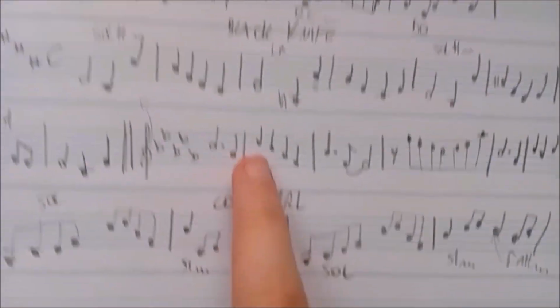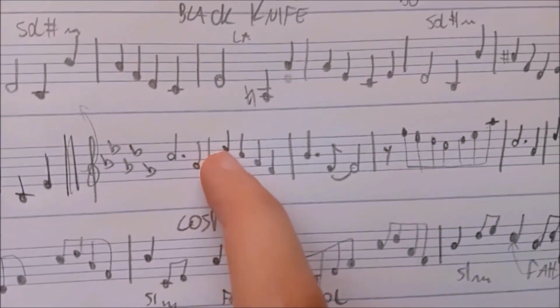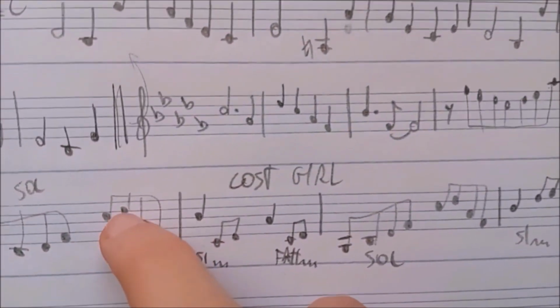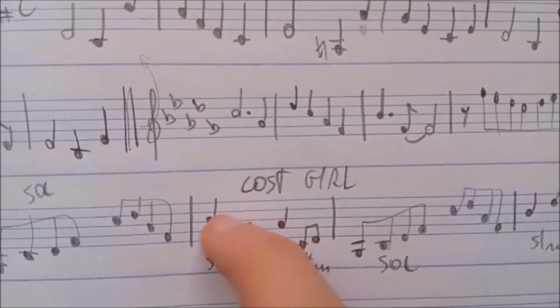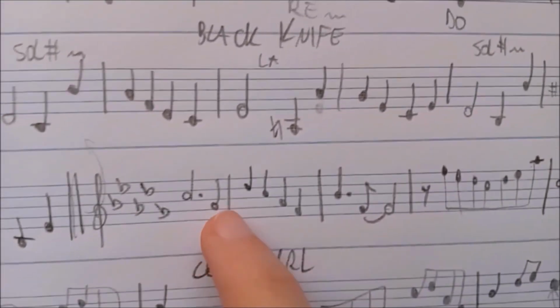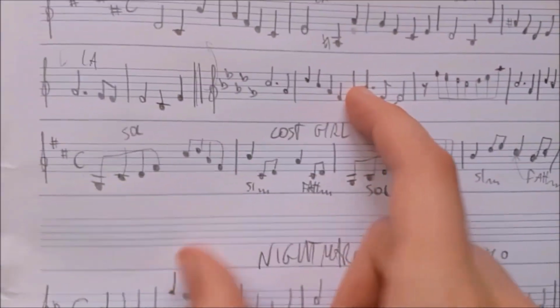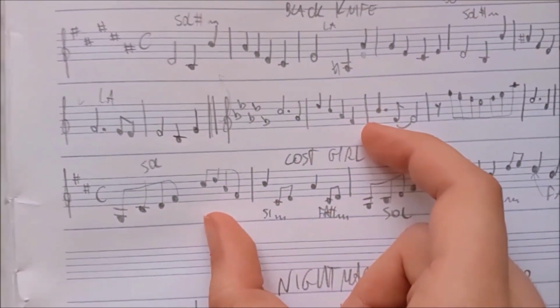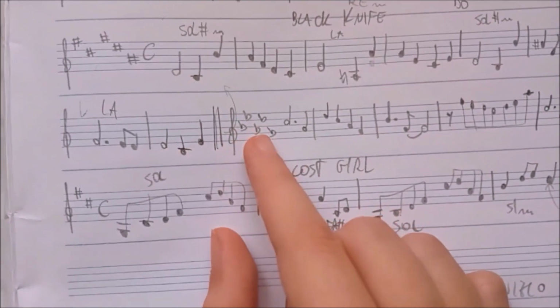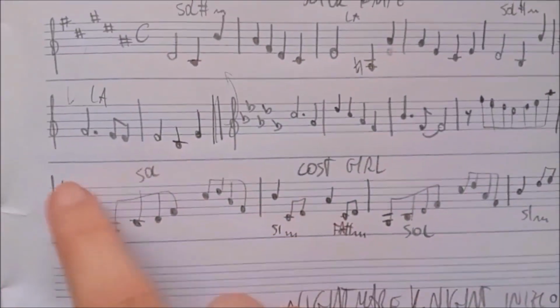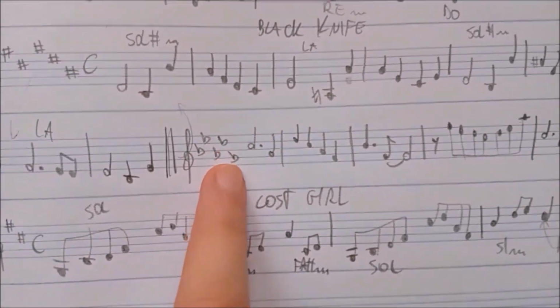And look at the second part of Black Knife. This is the same. Look at this. D, C, A, F, B. Look at this. D, C, A, F, B. It's the same thing, except that the key here is a half tone below. This is B minor. This is B flat minor.